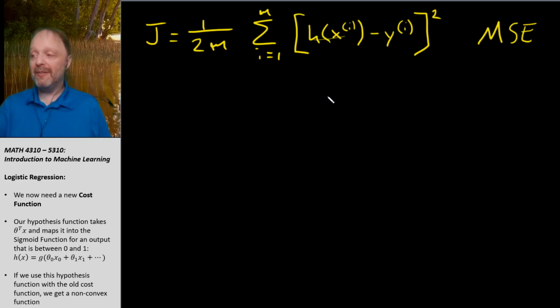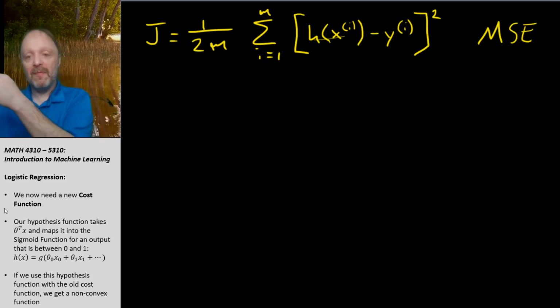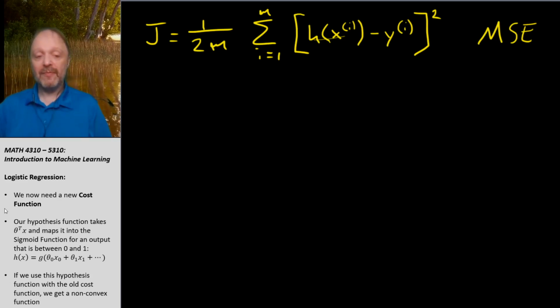And so what we're going to do is, if we look at the old cost function, not only is it not going to do that, I should also mention that it is going to result in something that's non-convex.